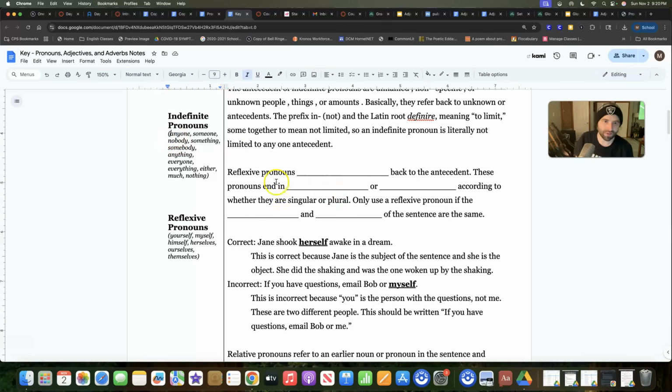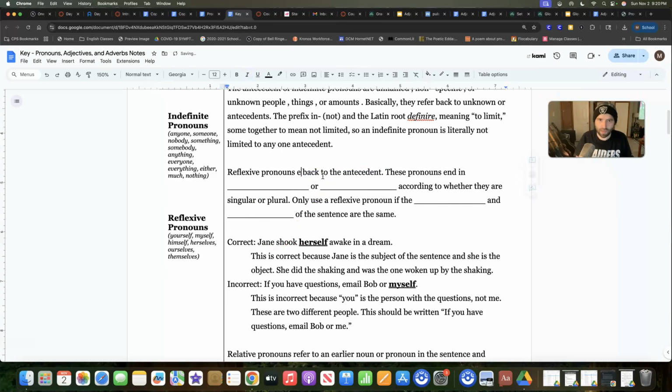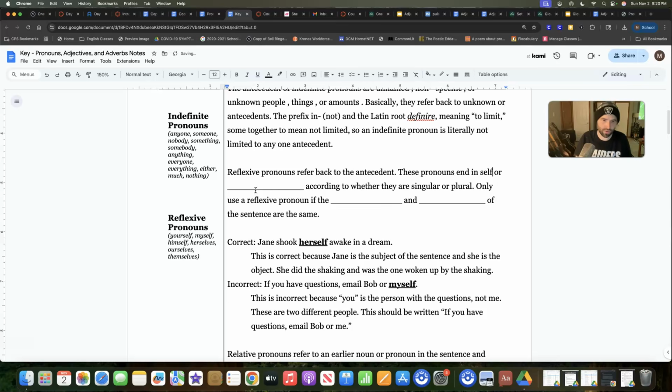So reflexive pronouns, also a little bit tricky, but nowhere near as tricky as indefinites. Reflexive pronouns: yourself, myself, himself, herself, ourselves, themselves, etc. These pronouns end in, you guessed it, self, or selves, according to whether they are singular or plural.